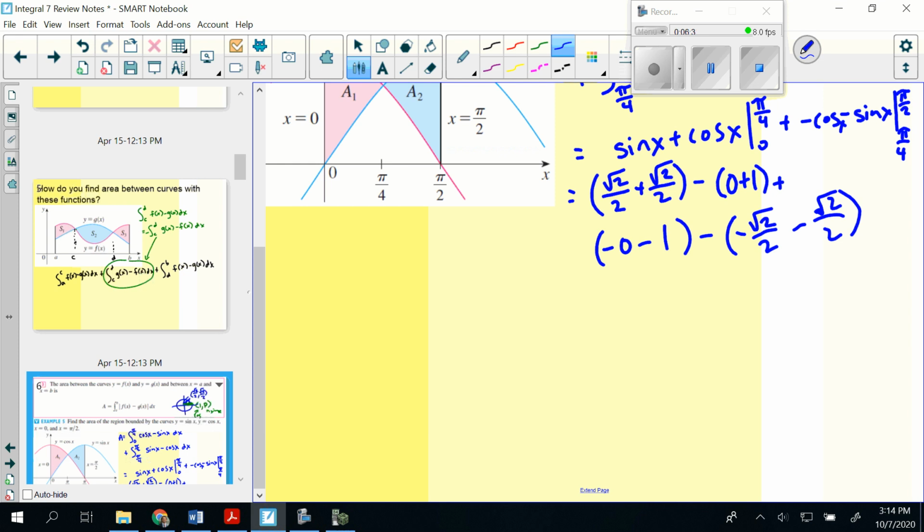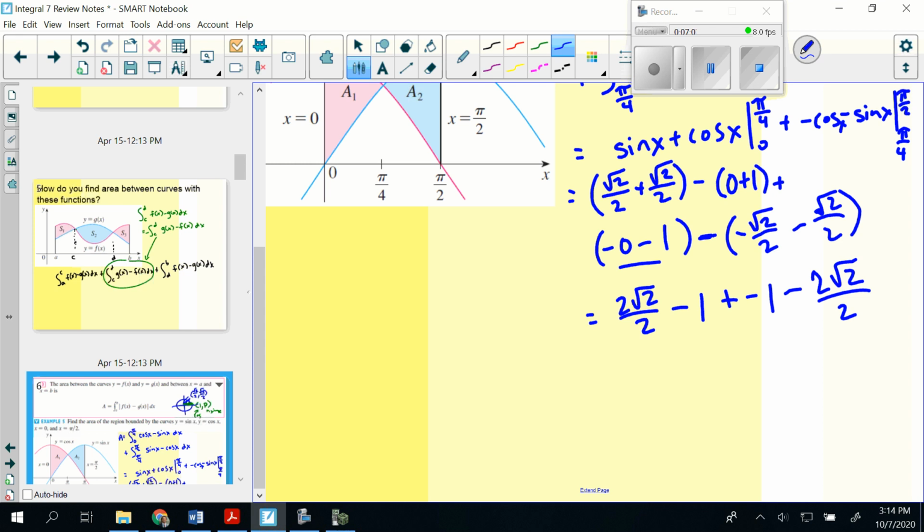Square root of 2 over 2 plus another square root of 2 over 2 is 2 square root of 2 over 2. Minus 1 plus, this is going to evaluate to negative 1. Minus, this one's going to be negative 2 square root of 2 over 2. So evaluating that, the answer we're going to get is, oh, sorry, one last thing here.